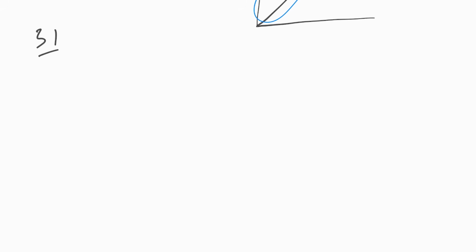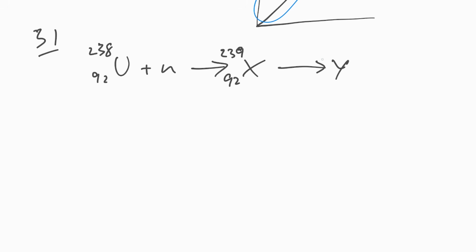31, uranium-238 absorbs a neutron. Okay, 31, we have uranium-238 and it's being bombarded by a neutron. And so what does that turn into? It turns into X. And so that's going to be 239 now, but the number of protons stays the same. And that then goes to Y via beta minus decay.